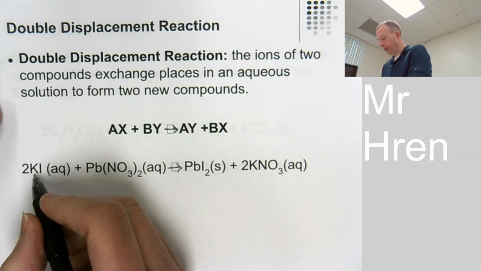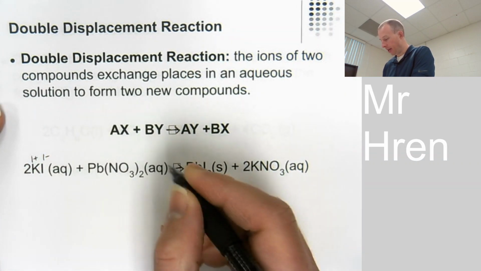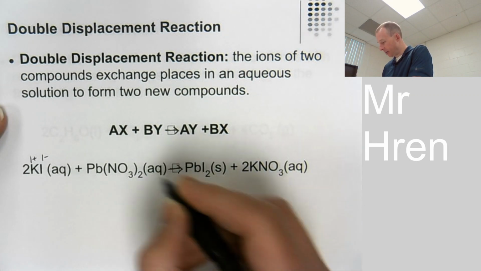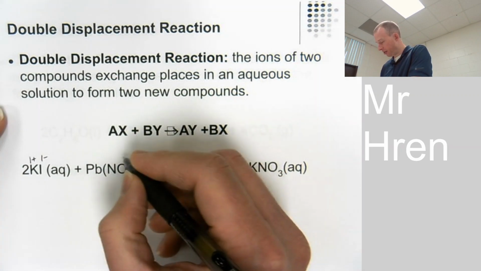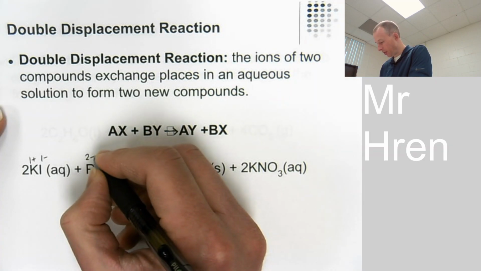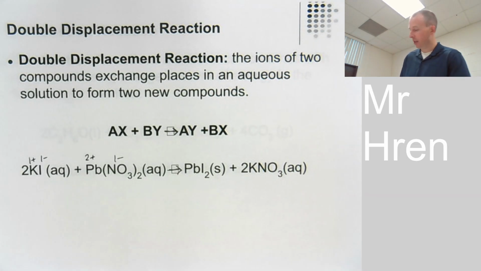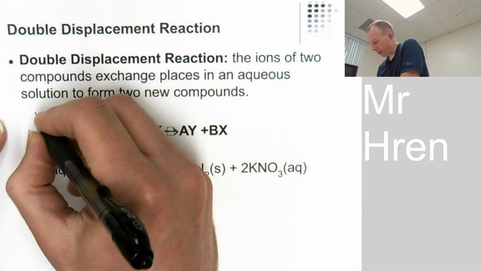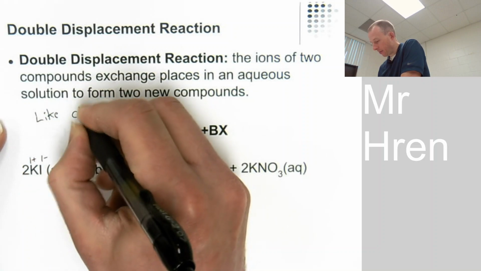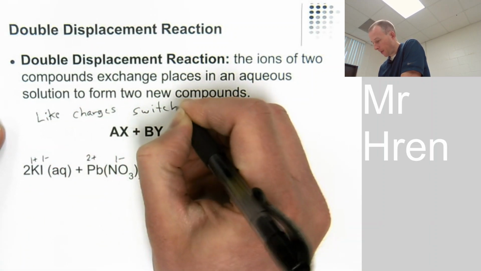So let's say that in this case you have potassium, it's a +1, iodine, -1. Nitrate is -1. You have two of them, so lead would be a +2. So you want to make a note that like charges switch.